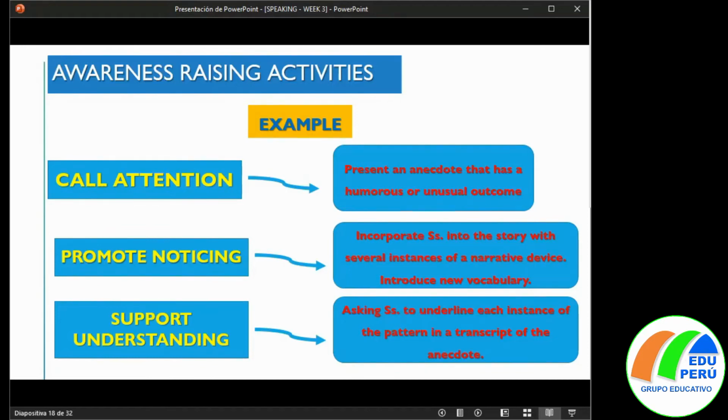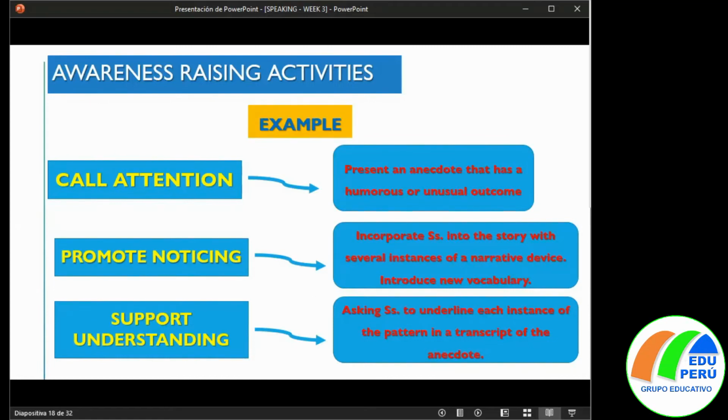Remember, they are going to use this pattern, this structure, this vocabulary to talk. So they must be conscious about it. All right? So how can you do that? By calling their attention, presenting this in a funny way or humorous way or unusual way. So you call their attention.